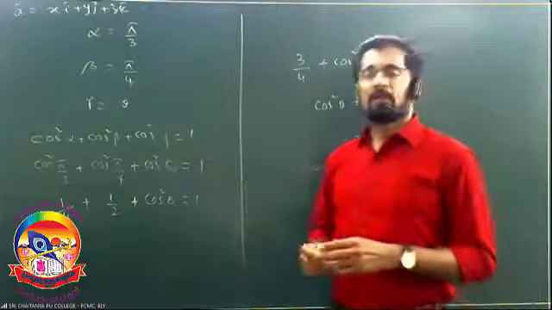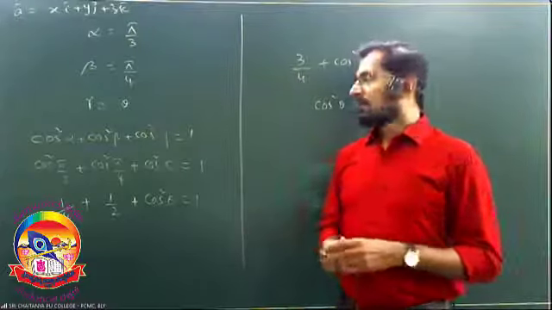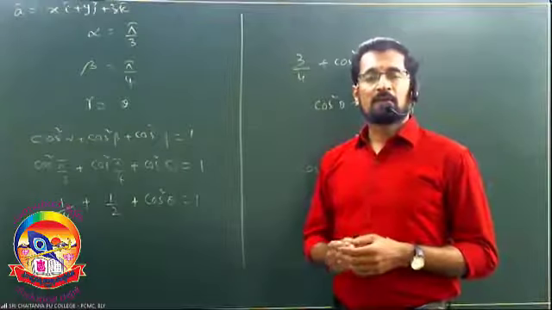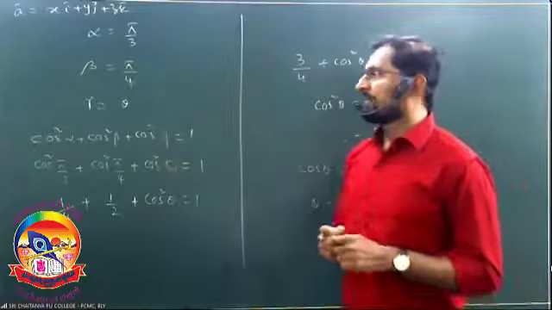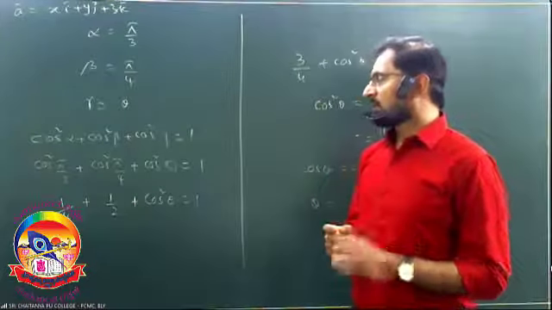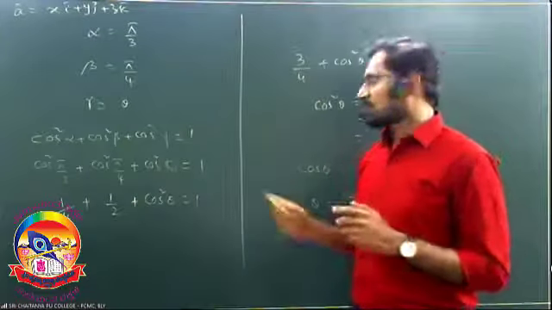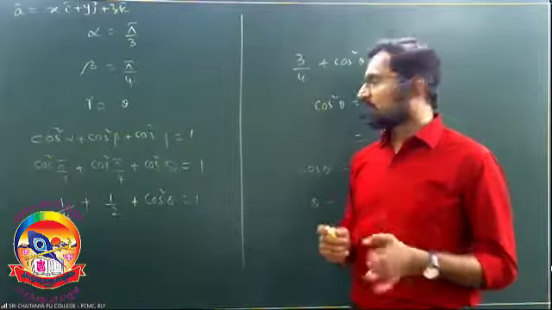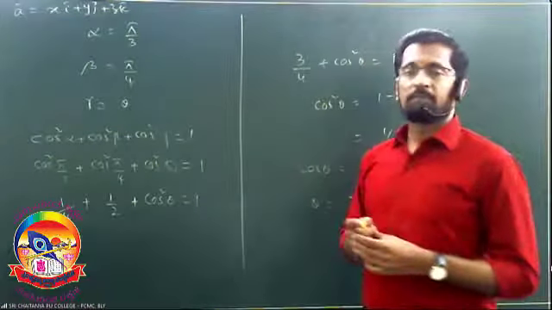We have one fundamental relation: cos square alpha plus cos square beta plus cos square gamma is equal to 1, that is cos square pi by 3 plus cos square pi by 4 plus cos square theta is equal to 1. What is the value of cos pi by 3?